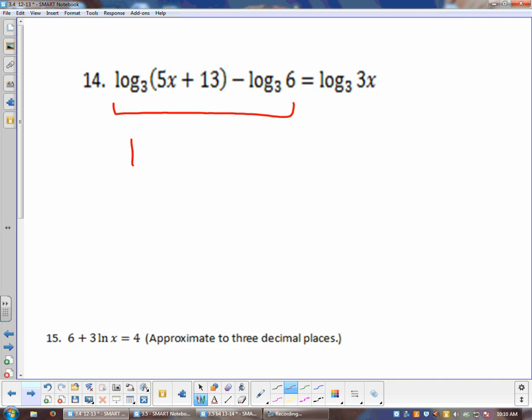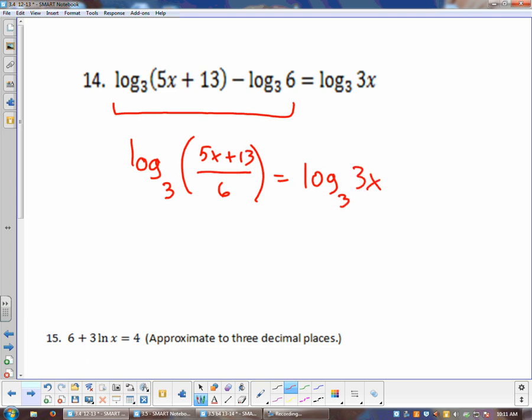Can I rewrite that left side as just one logarithm instead of two separate logarithms? So what's this going to look like? Hands, please. Louis. Log base 3 of 5x plus 13 equals log to the base 3 of 3x. Do people agree? Okay. Now can I use the one-to-one property?